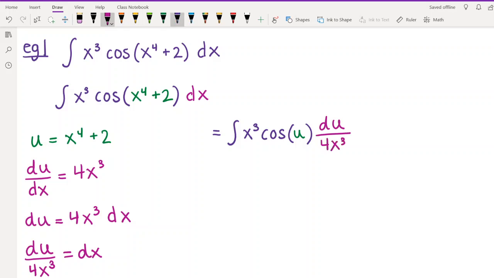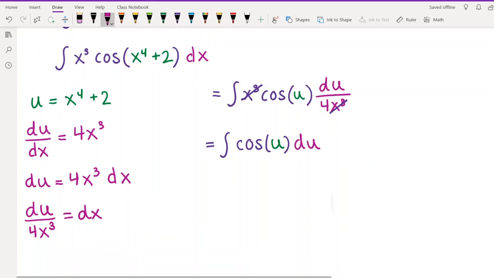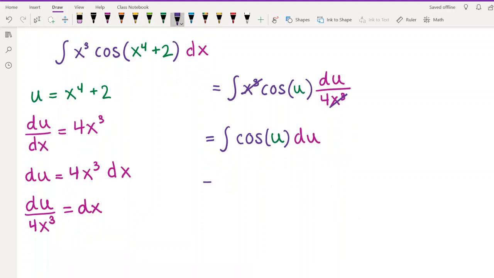And so now we see that this x cubed and this x cubed cancel out, and so we're left with the integral of cosine of u du. Okay, so what's the antiderivative of cosine? Well, it's just sine, right? So our answer here would be sine of u plus c.